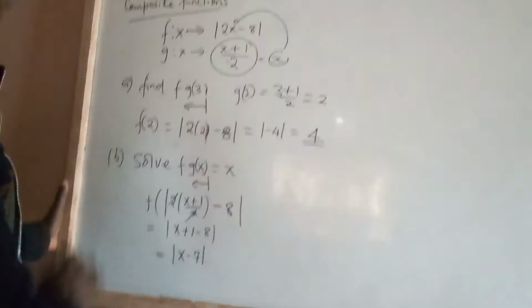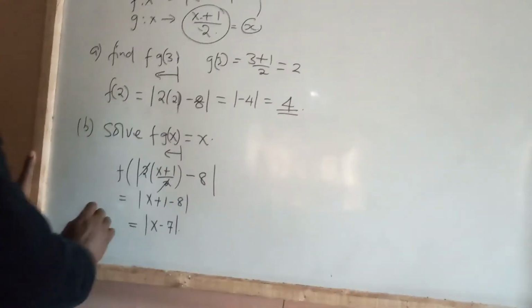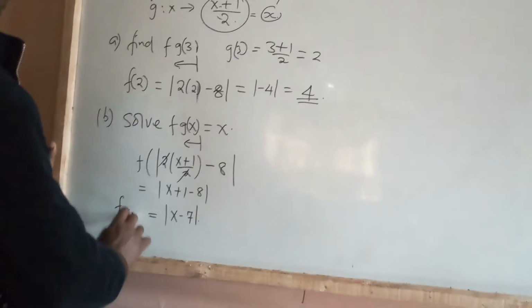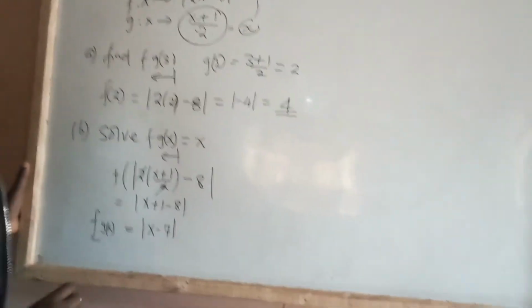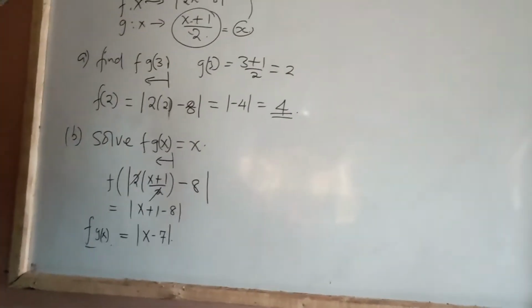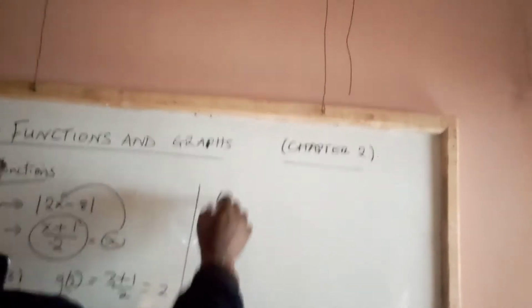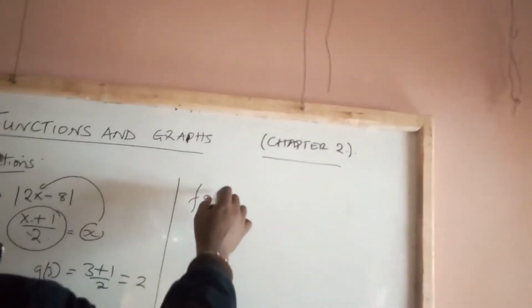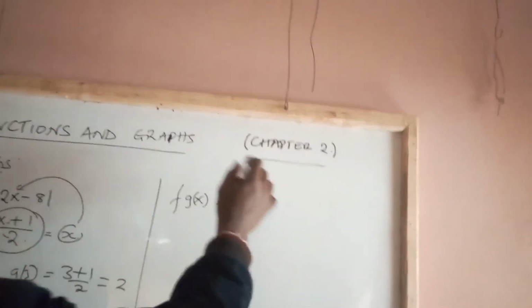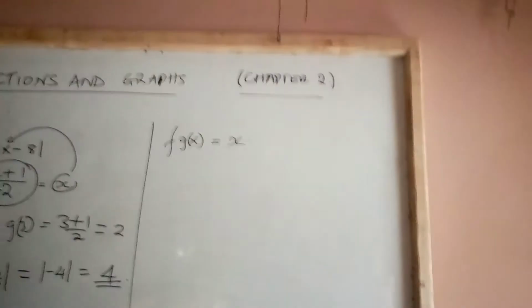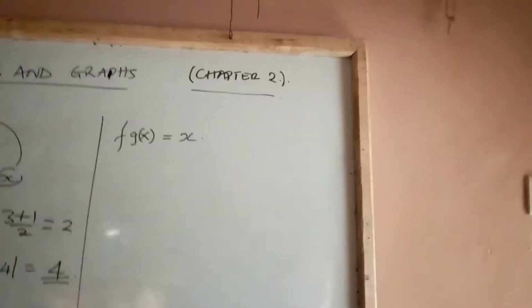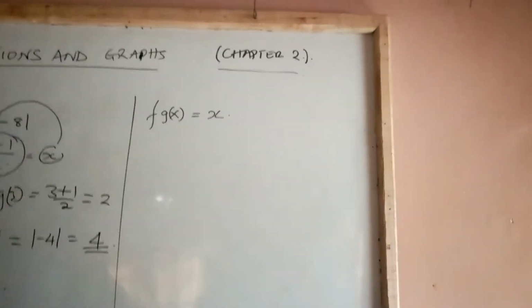This is now the fg(x). At the point where, and this is the most interesting part, fg(x) is supposed to be equal to x, these are two simultaneous equations, and we should solve them simultaneously.